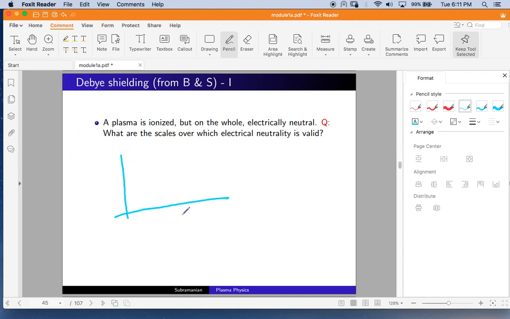If you were moving in one dimension x, you would probably see some positive charge.